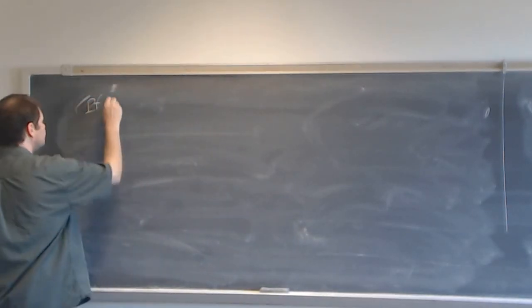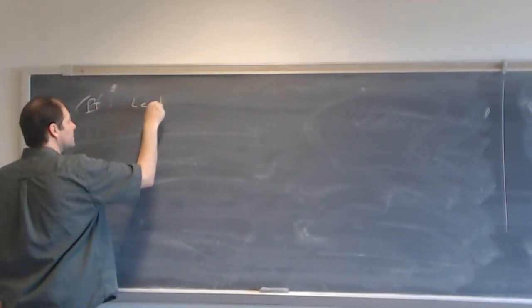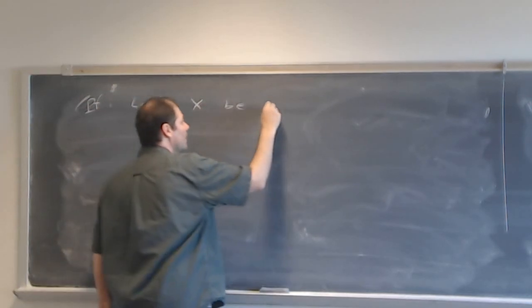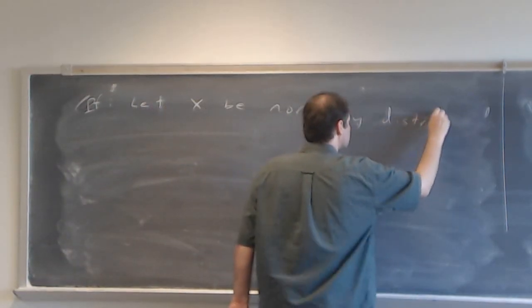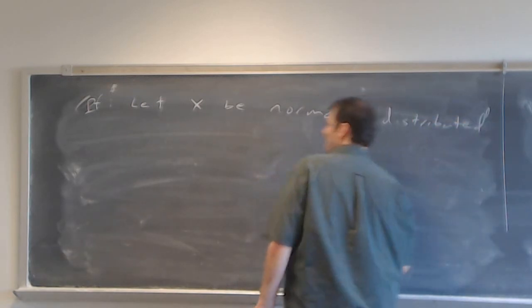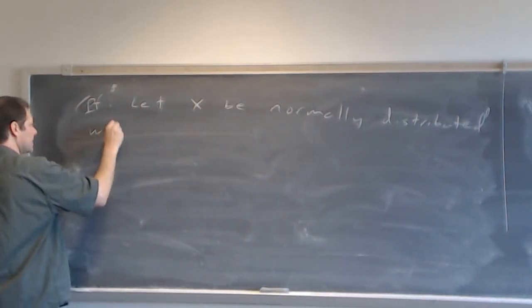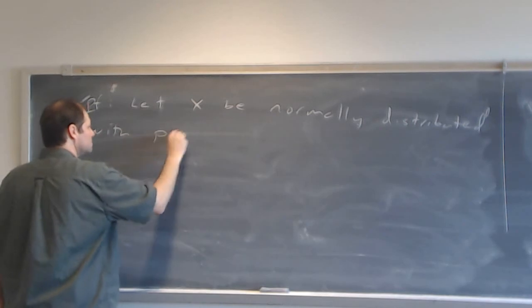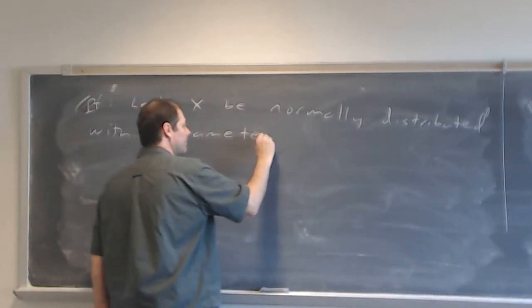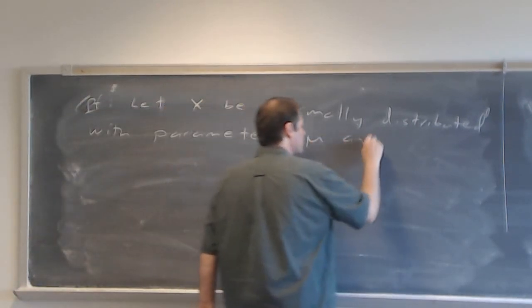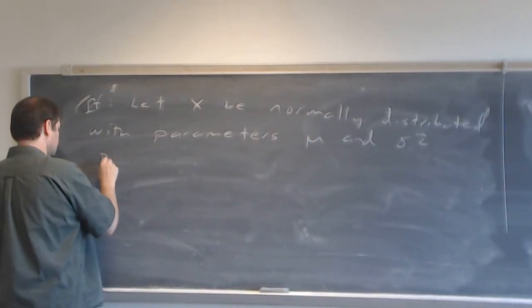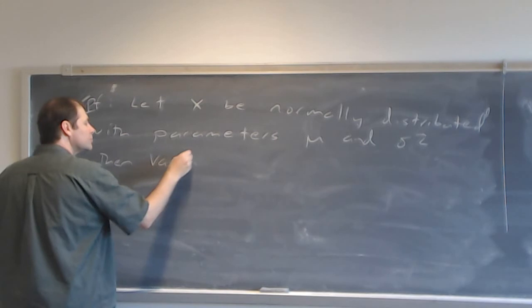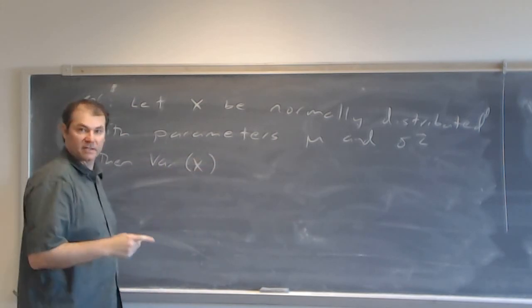So, proof. Let x be normally distributed with parameters mu and sigma squared. Then here we're going to use the definition of the variance of x, not the formula.